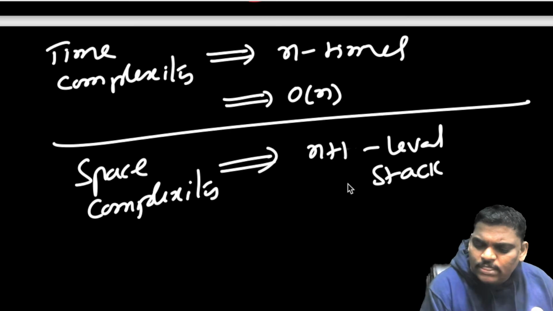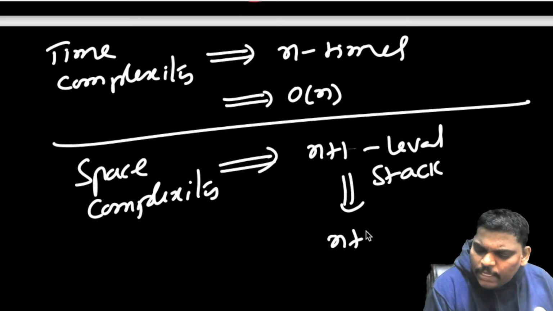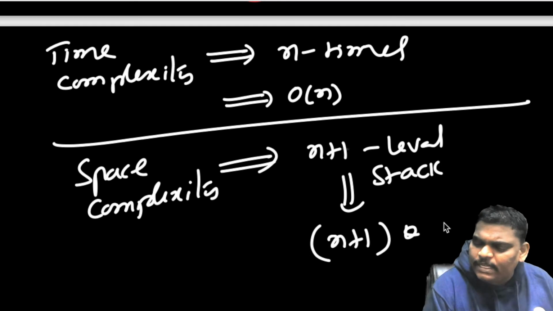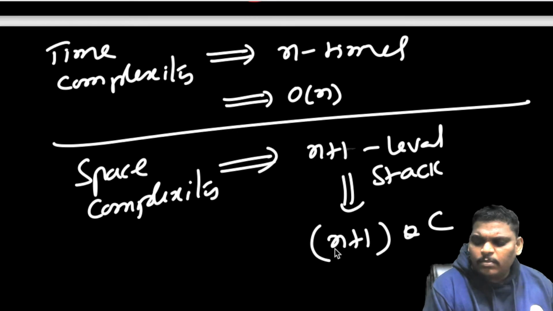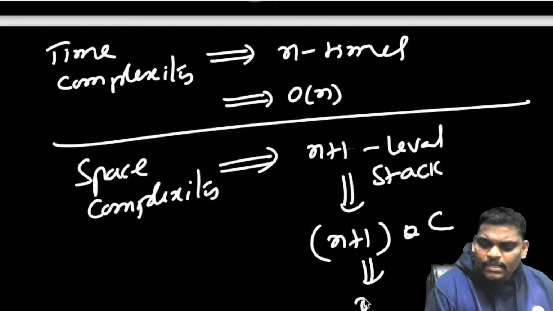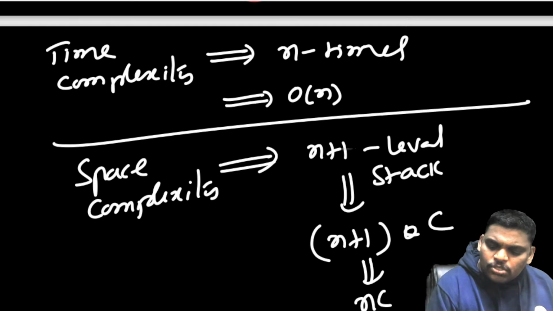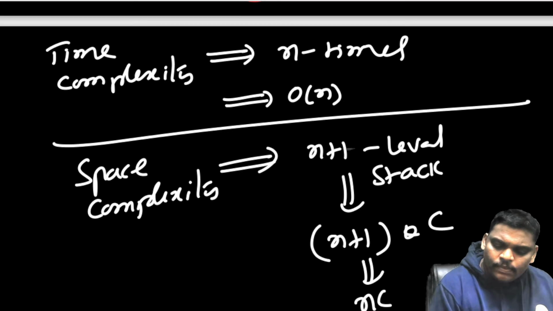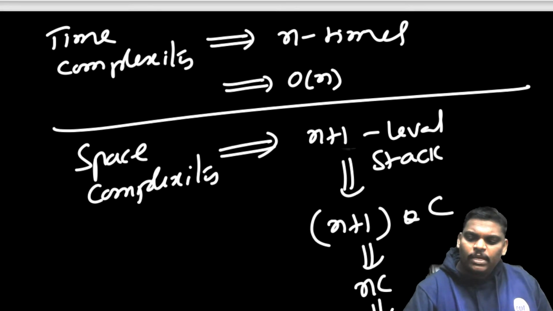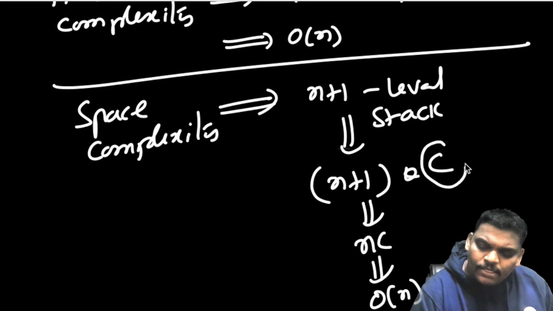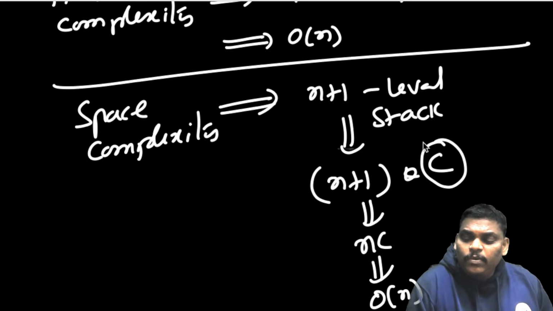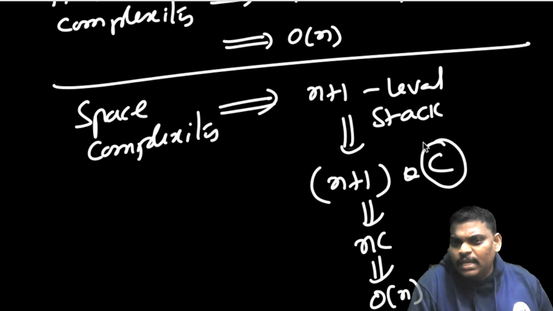At every level there is some constant space, maybe 2 or 3 local variables, whatever it may be. N plus 1 into constant, finally nc, where c is a constant, so order of n space, because one function call will take constant space, that may be 2 bytes, 4 bytes or 10 bytes. N plus 1 into c, forget about the small constant, order of n.